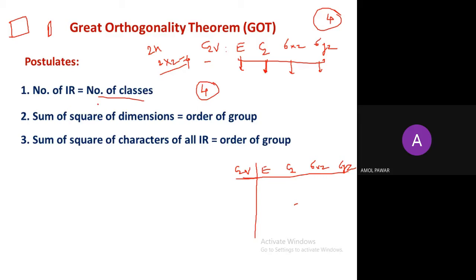The first postulate is that the number of classes is equal to the number of irreducible representations.